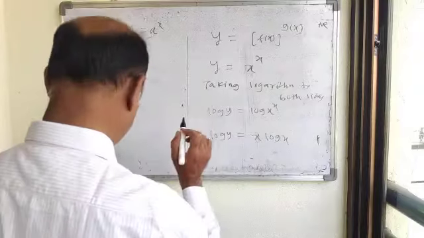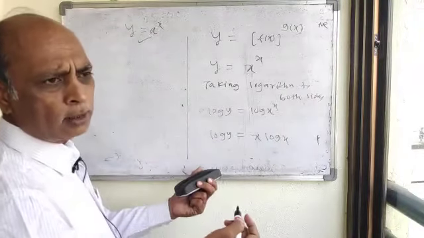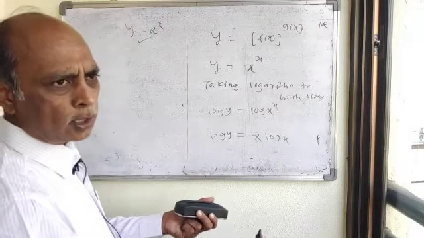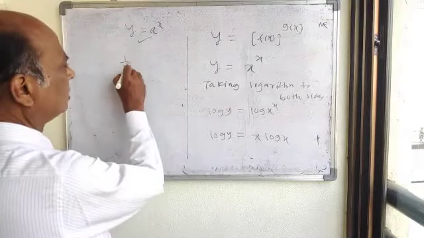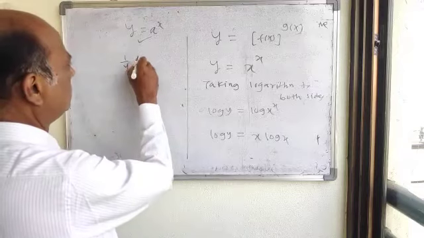Now differentiate with respect to x. The derivative of log y is 1 upon y, but we have to multiply it by the derivative of y, that is dy by dx.